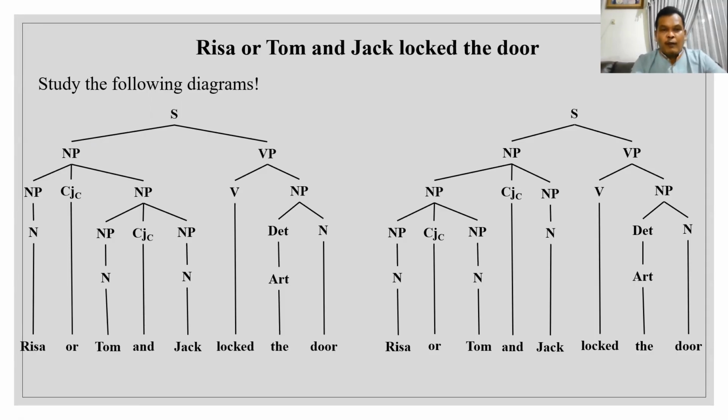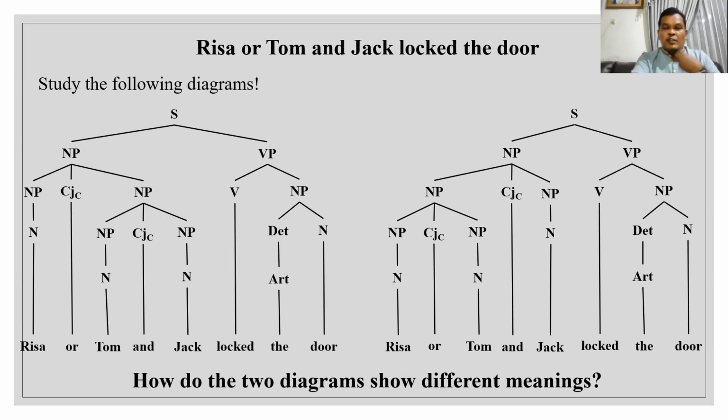Okay, now let's see one by one. In order to answer the question, how do two diagrams show different meanings? The different meaning here is particularly related to who locked the door, whether two persons or one person, two persons or three persons, whether only Lisa locked the door, or Lisa and Tom locked the door, or Lisa and Tom and Jack locked the door.